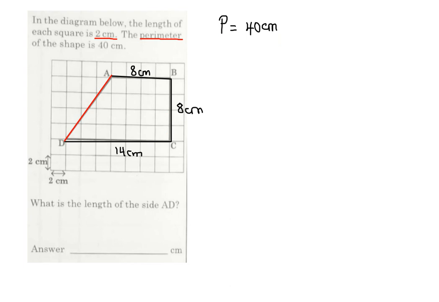Okay. Do we know the length of AD? Do we know what the length of the side is? No, it's not 4. It's not 5 either. Remember what I just said, this is the side we don't know, right? We don't know the side.